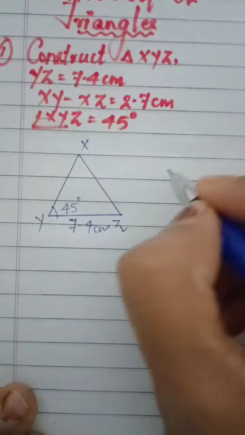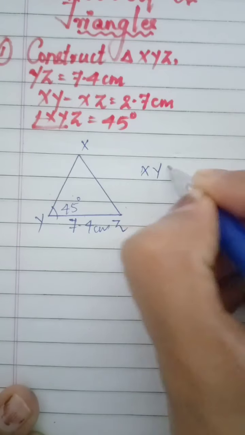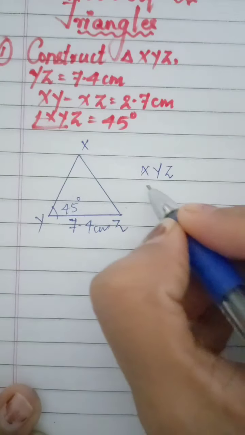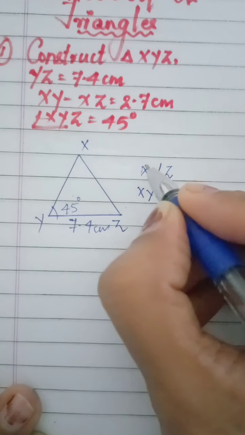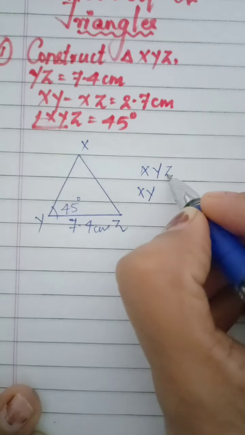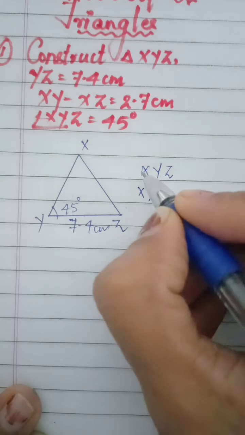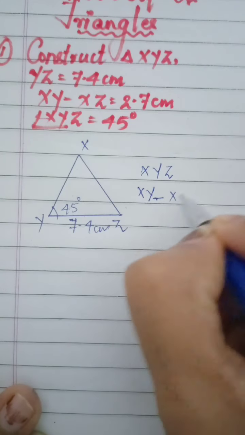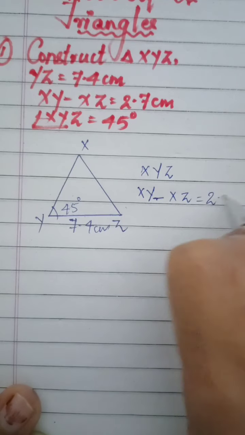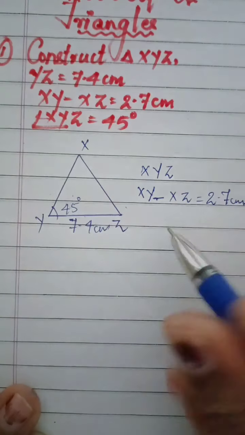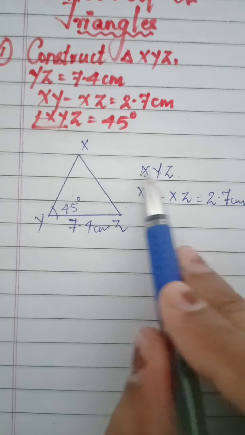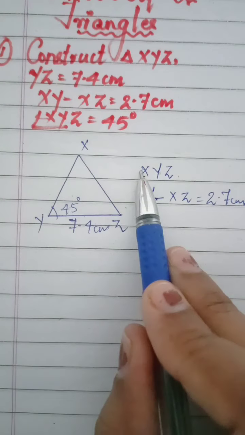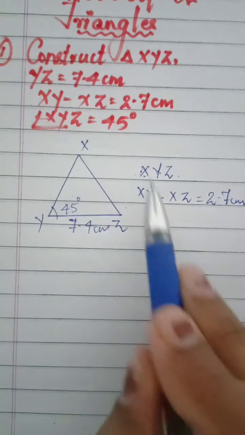So if you are considering the name of the triangle XYZ, you have vertex 1, vertex 2, vertex 3, right? If I am considering like that, XY minus XZ you know as 2.7 centimeter. XY minus XZ, first and second minus first and third.